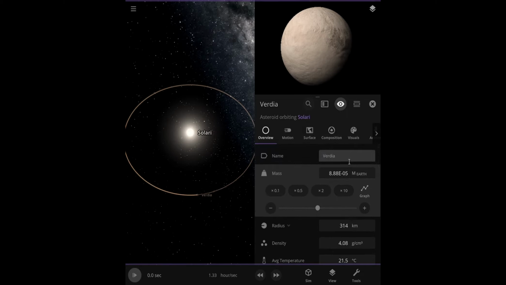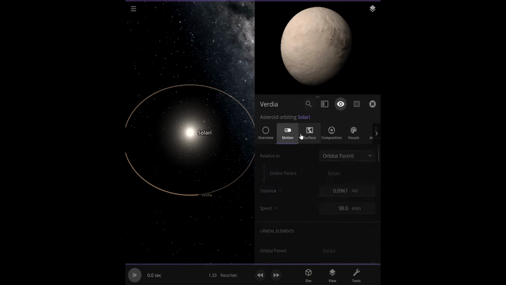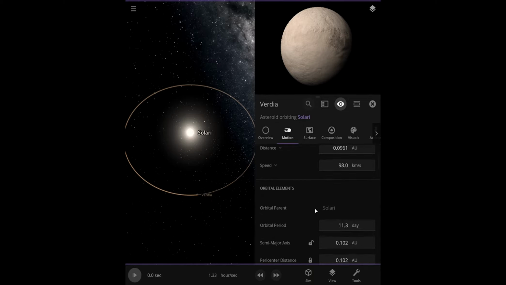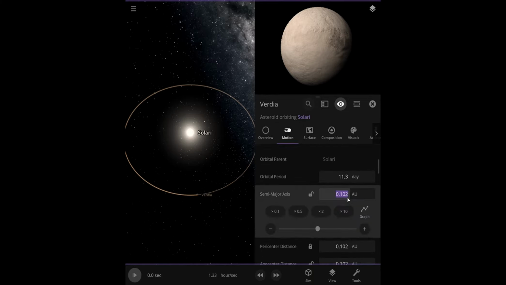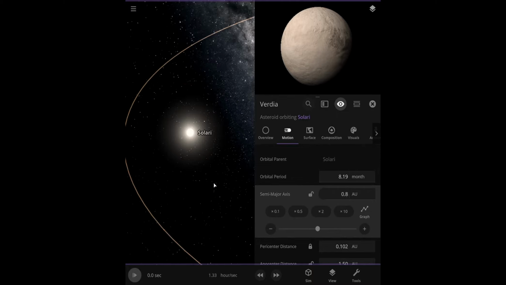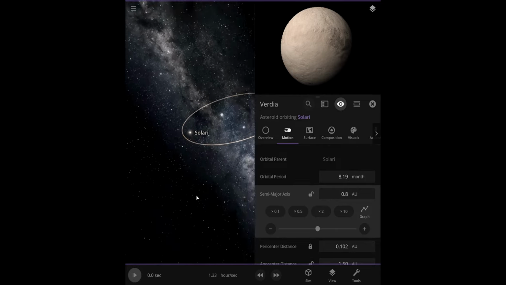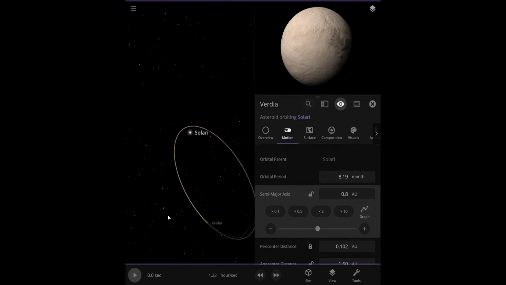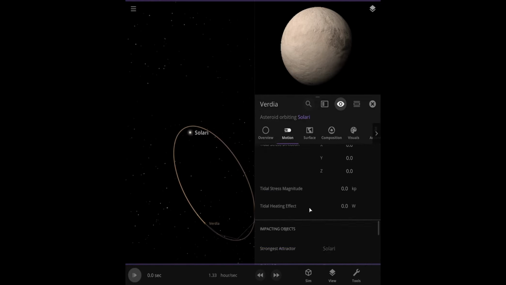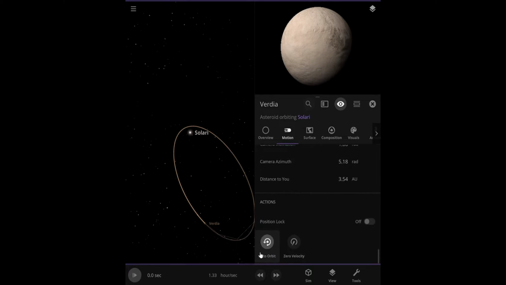And we're gonna go over to the motion. So we're gonna scroll down. It has a semi-major axis of 0.8. Where is it? It's right there. Auto orbit.